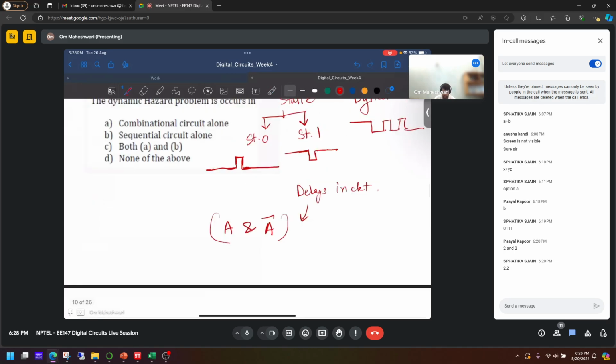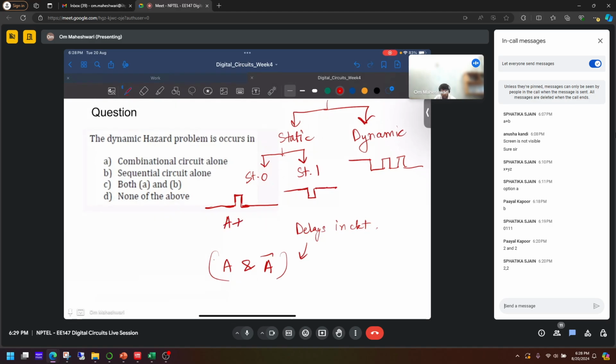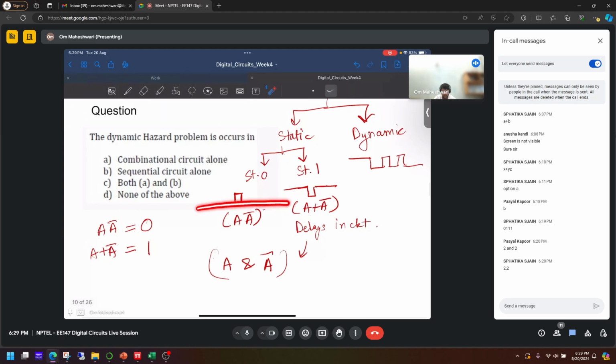So we can associate the hazard when it is A dot A bar, A plus A bar. So what does this mean? Why have I written this? A and A bar is always equal to 0, and A plus A bar is always equal to 1.